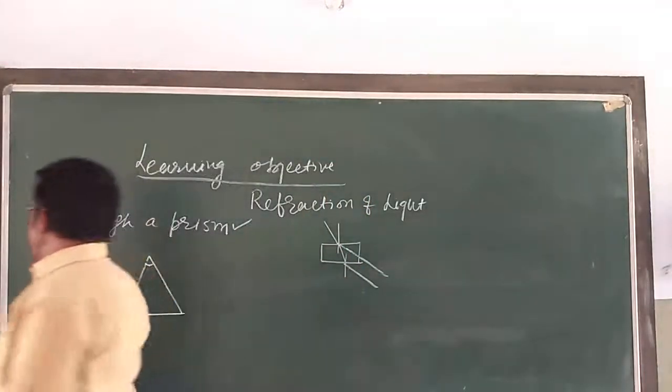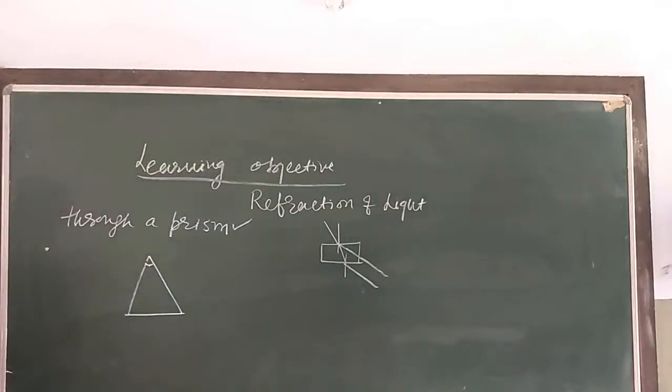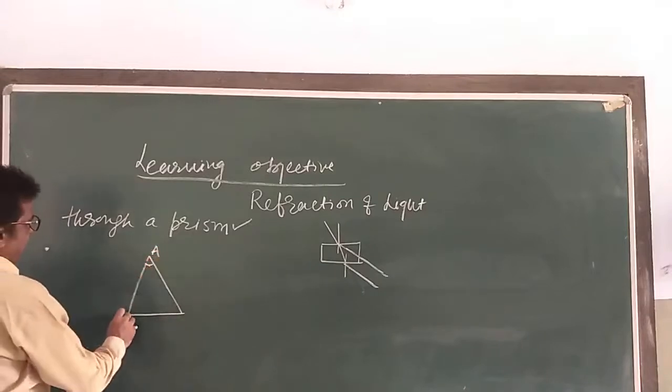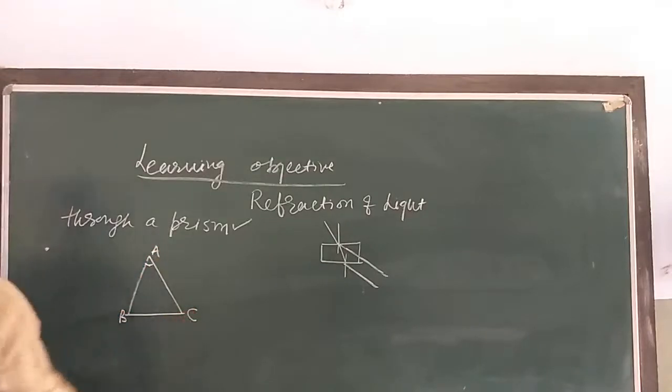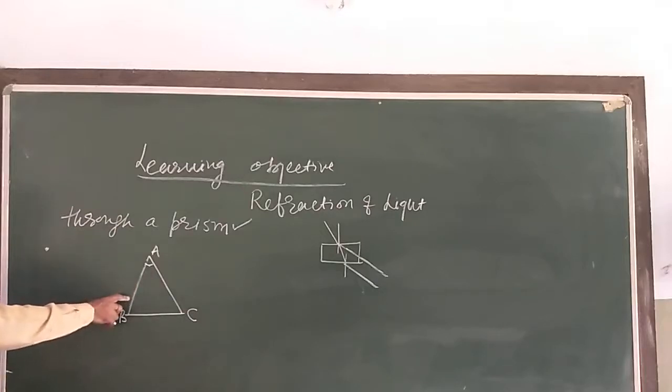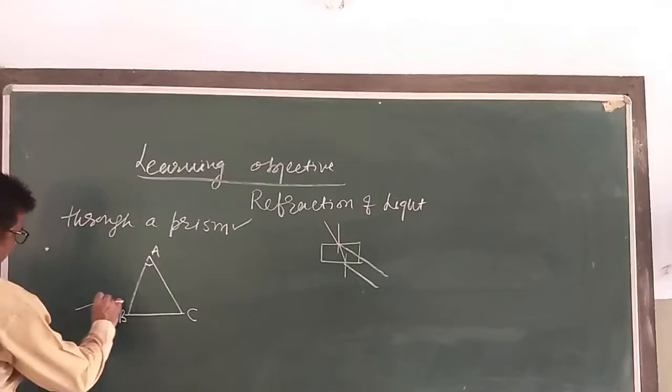Then my dear children, here is the angle of prism. ABC is the principal section of an equilateral glass prism. A ray of light is incident on the surface AB of the prism, in this manner.